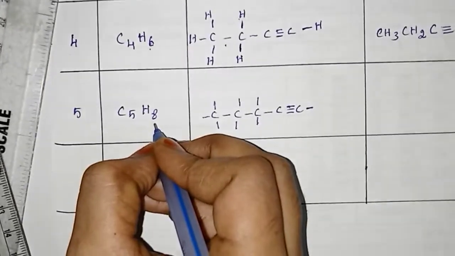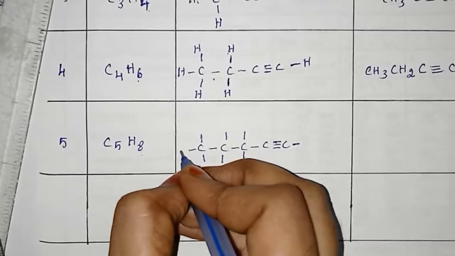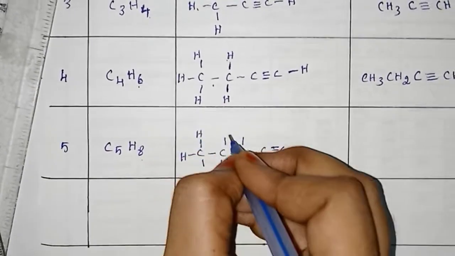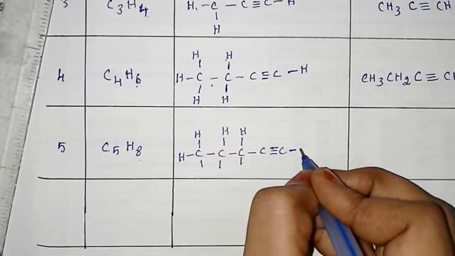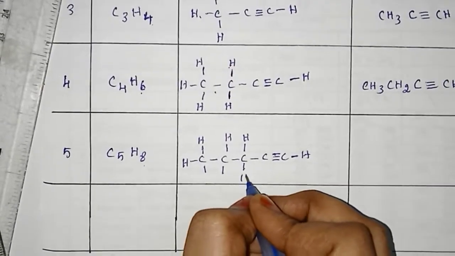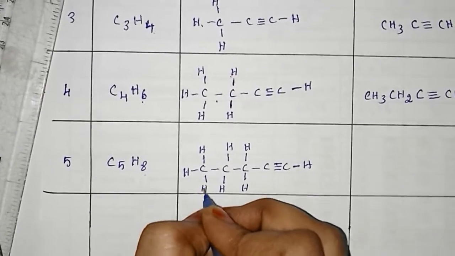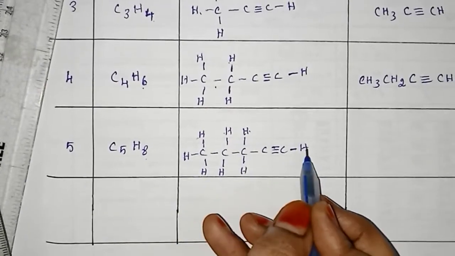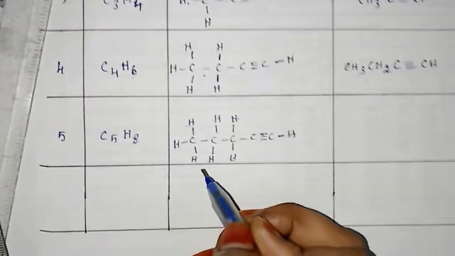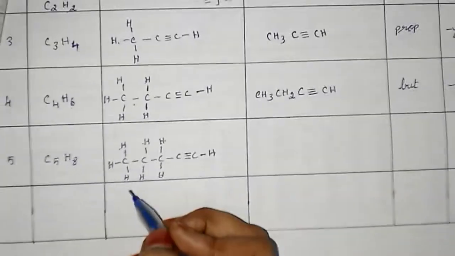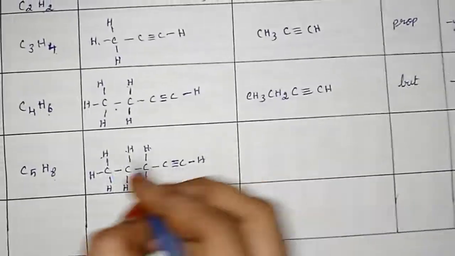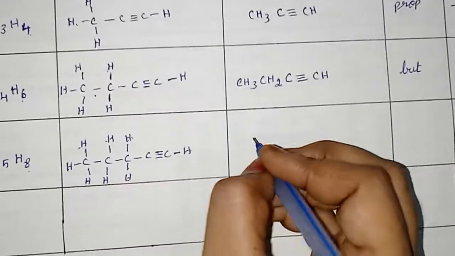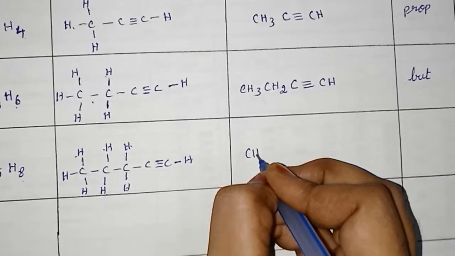How many hydrogens are there? 5 hydrogens are there. So 1, 2, 3, 4, 5, 6, 7, 8. Sorry, 8 hydrogens are there. Now we convert the structural formula into the condensed form. First carbon contains 3 hydrogen atoms, so CH3.